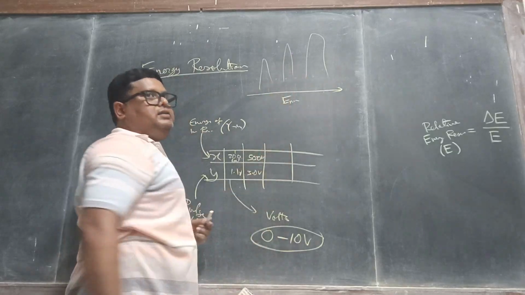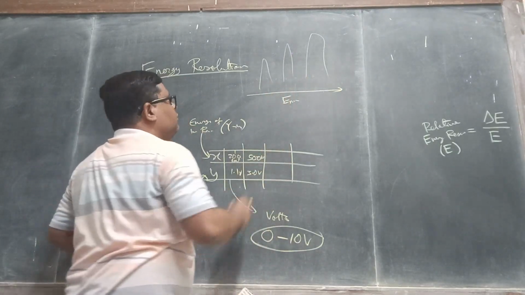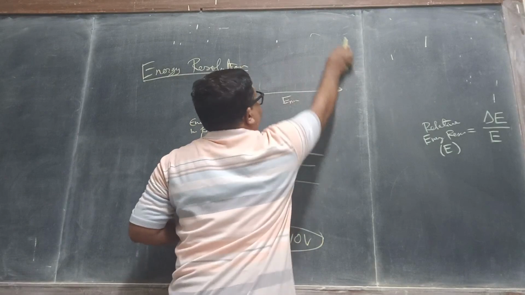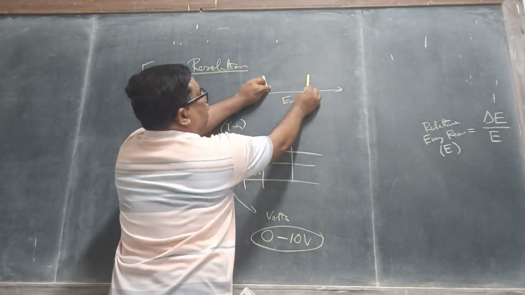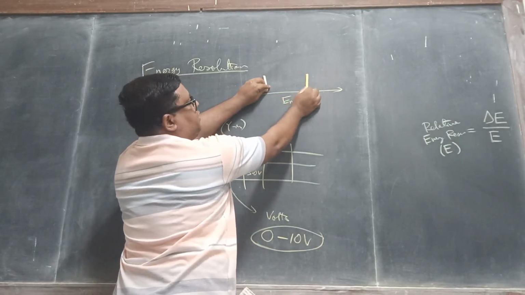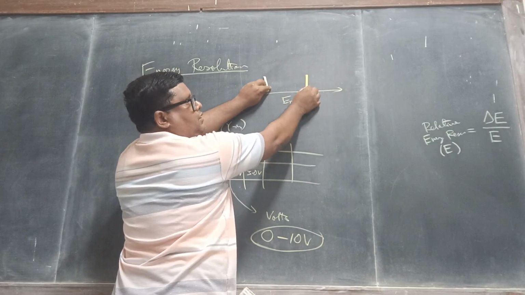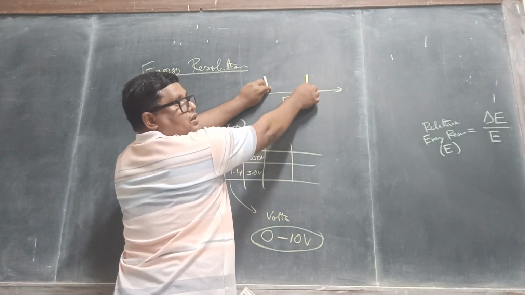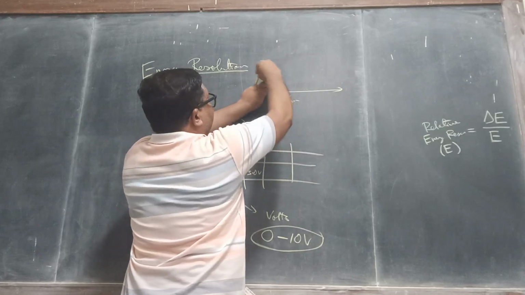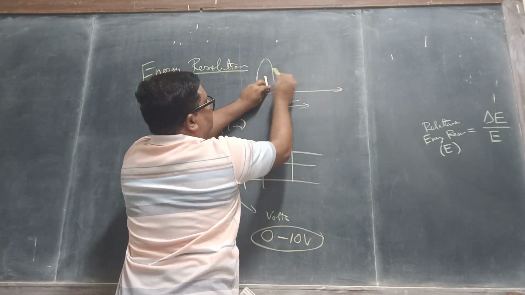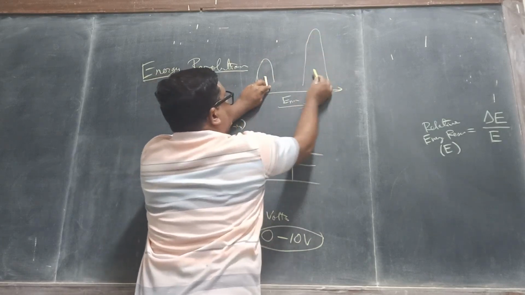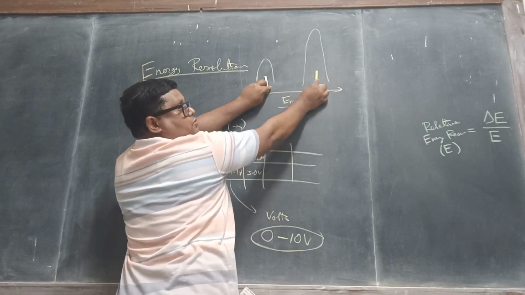Now the question is, suppose I have two gamma rays at the same time in the detector, so I will be expecting two different signals. For this one, since the energy is more along this axis, the pulse height will be more.